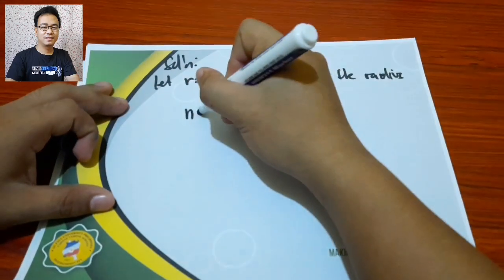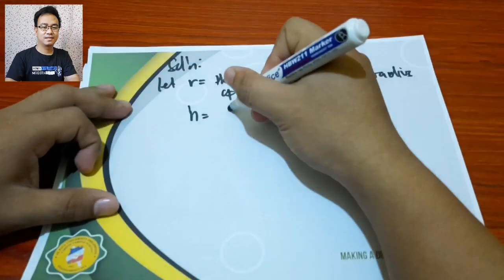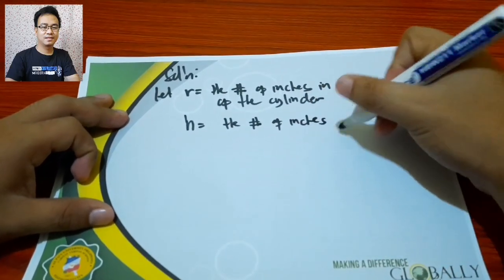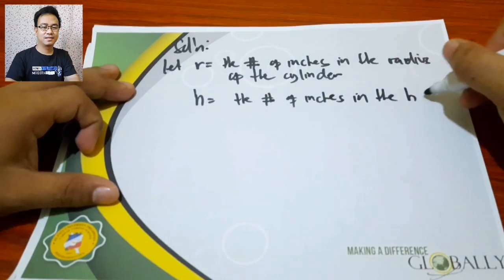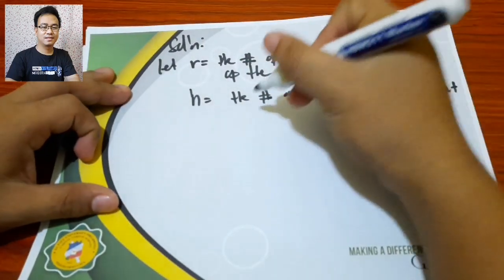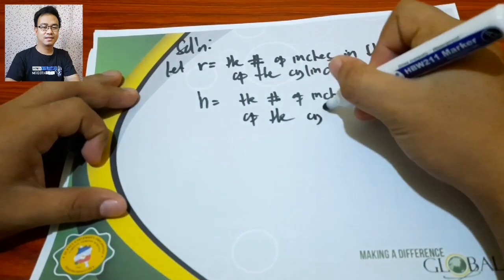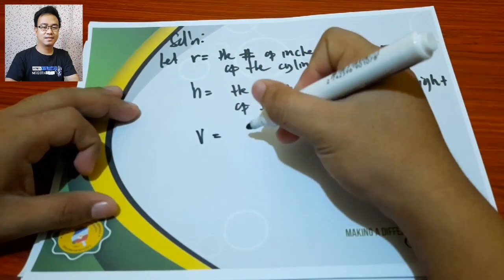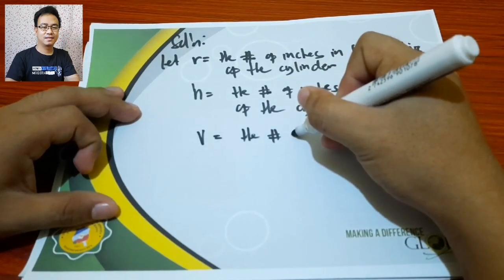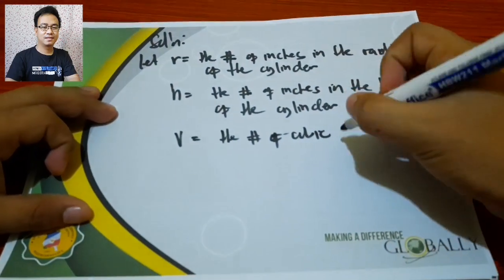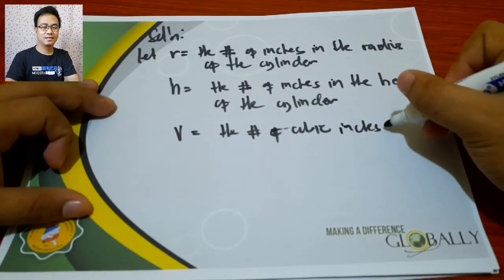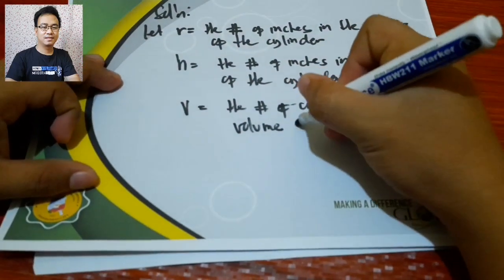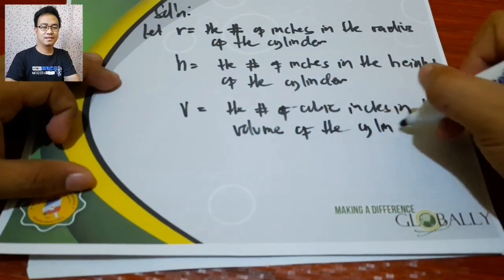We also let h be the number of inches in the height of the cylinder, and V the number of cubic inches in the volume of the cylinder.